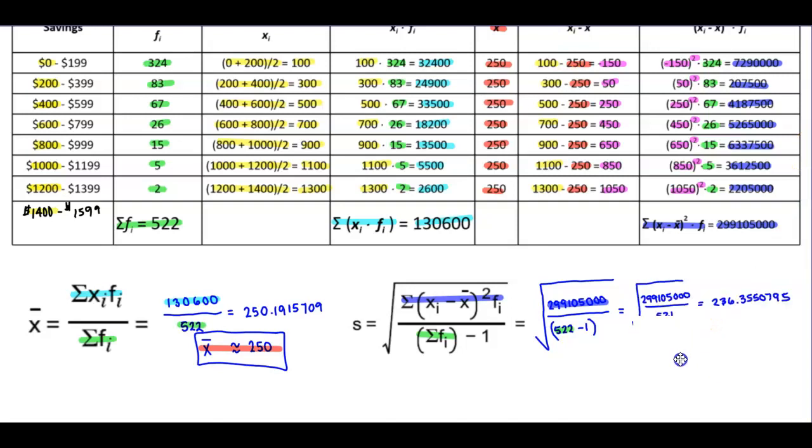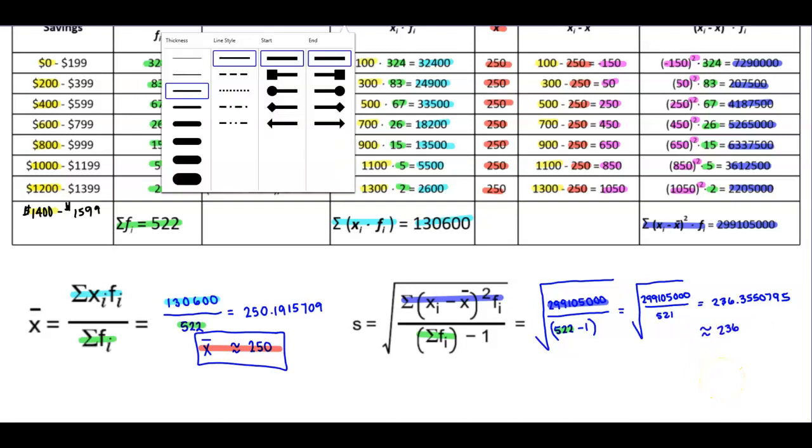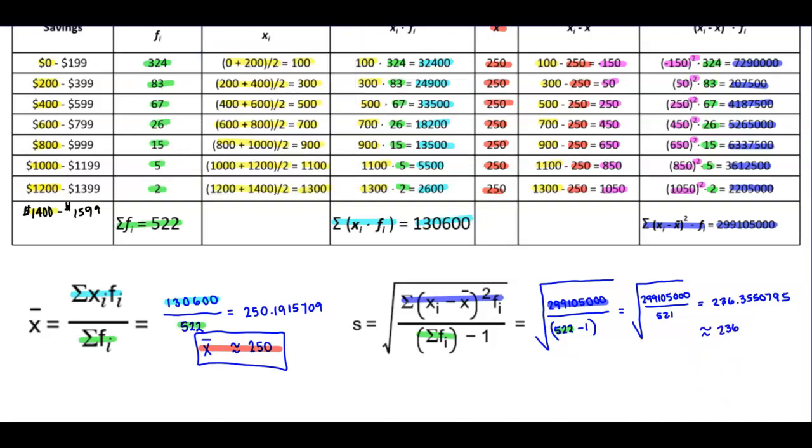When we divide the numerator by the denominator of 521 and take the square root, we get 236.3550795. According to this question, they want you to round it to the whole number. Therefore, the sample standard deviation is approximately 236.